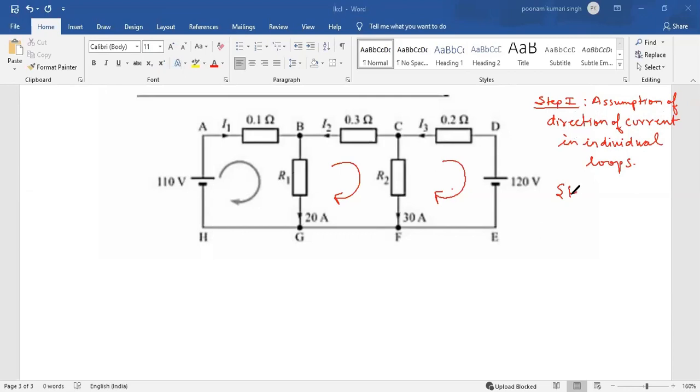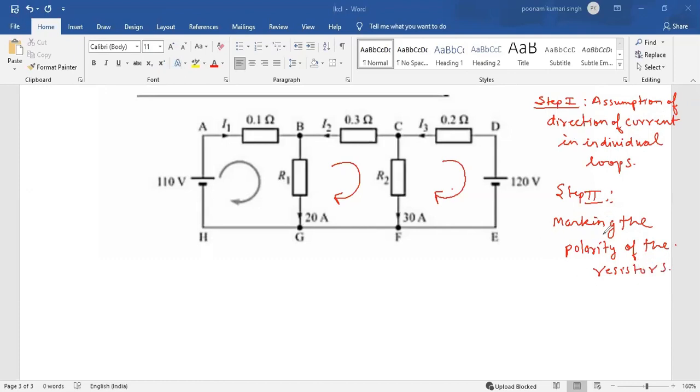Now step 2, as we know, is related to marking the polarity of the resistors.